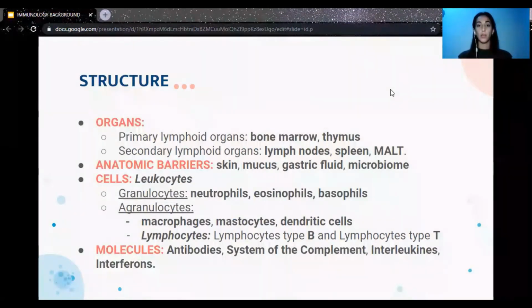So about the structure of the immune system. The immune system is made up of primary and secondary organs, anatomic barriers, cells, and various molecules. Regarding the organs, lymphoid organs can be divided broadly into two categories: primary lymphoid organs and secondary or peripheral lymphoid organs.